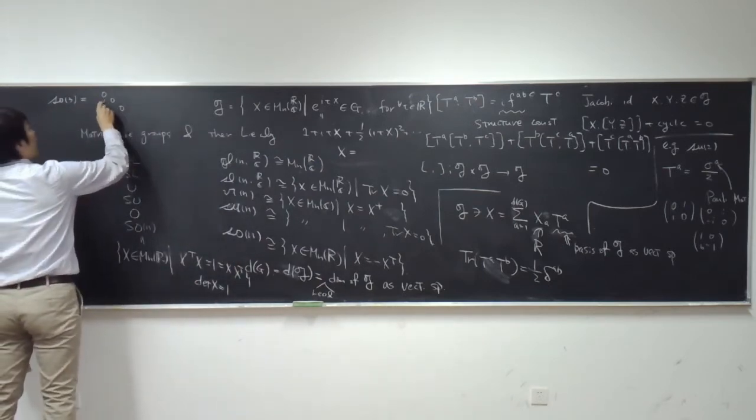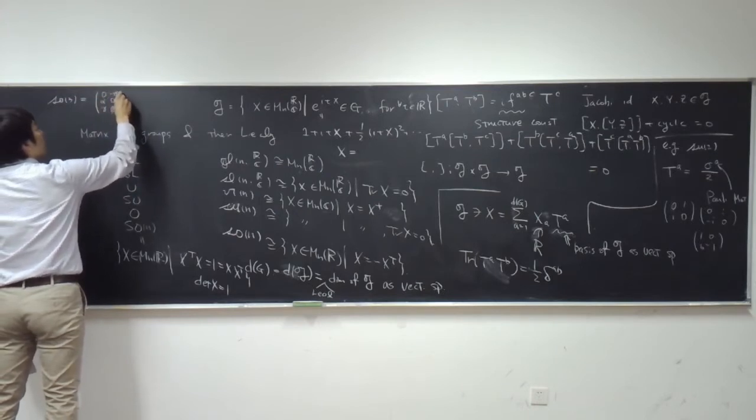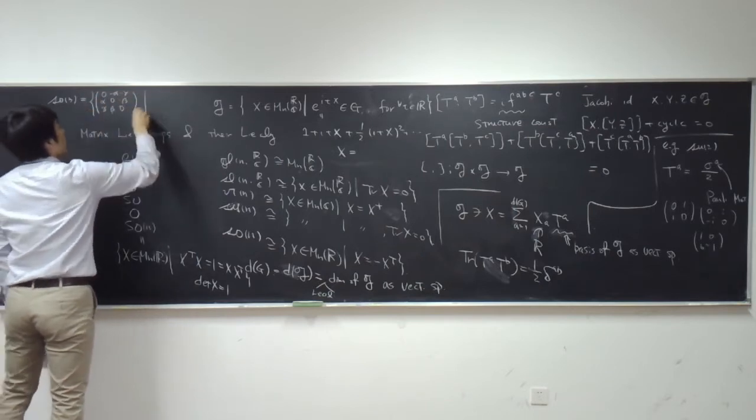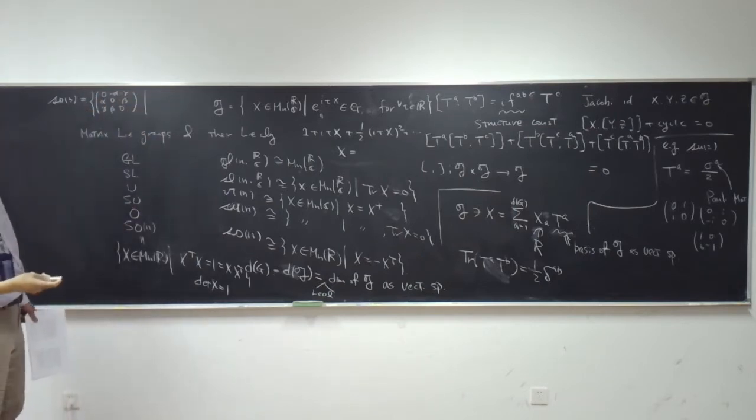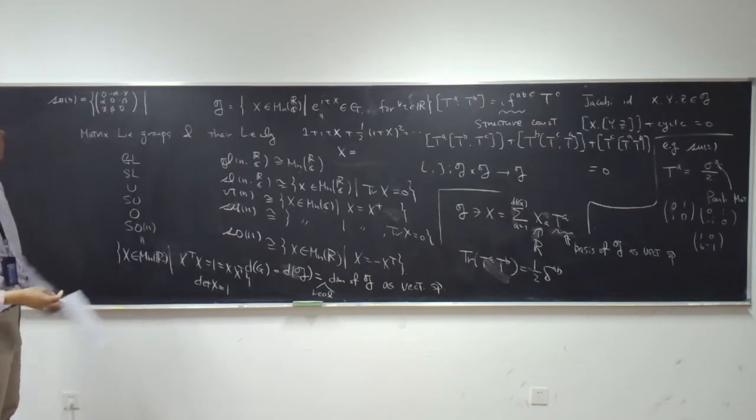So alpha, beta, and gamma, minus alpha, minus gamma, minus beta. So this is essentially the basis one can take.